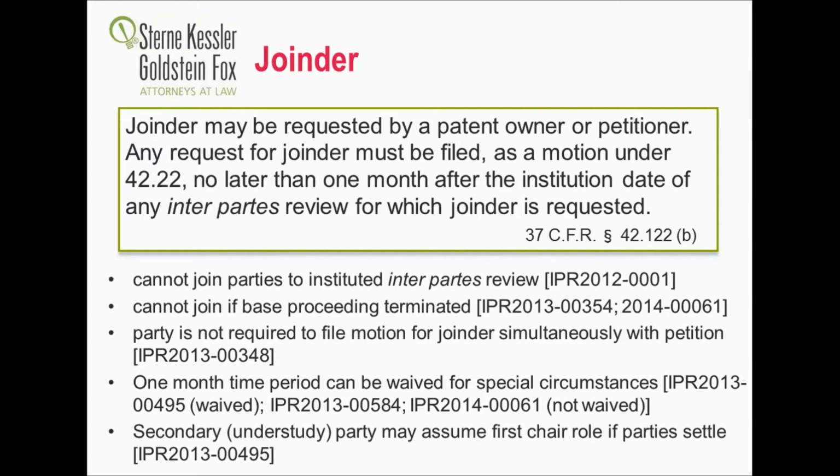You've had circumstances where parties have tried to join a base proceeding that had been terminated by settlement, and the board said, we're not going to allow joinder, where even though there was institution, that trial was eventually terminated. So the board has shut down that strategy.